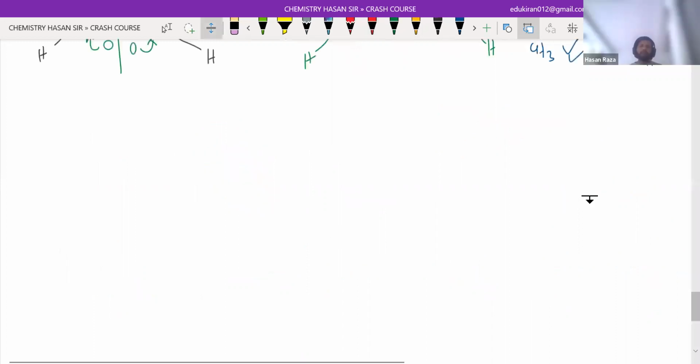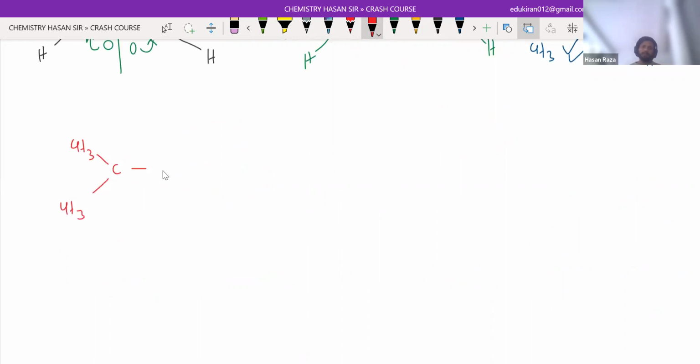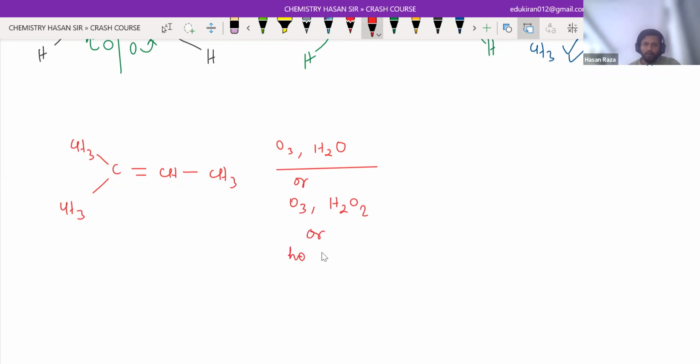So if you are going to use, let's take the first example, CH3, CH3, and then double bond, then CH, and then CH3. And if you are going to use O3 in the presence of H2O, or you can use O3 in the presence of H2O2, or you can use hot KMnO4, or concentrated KMnO4, what will happen?